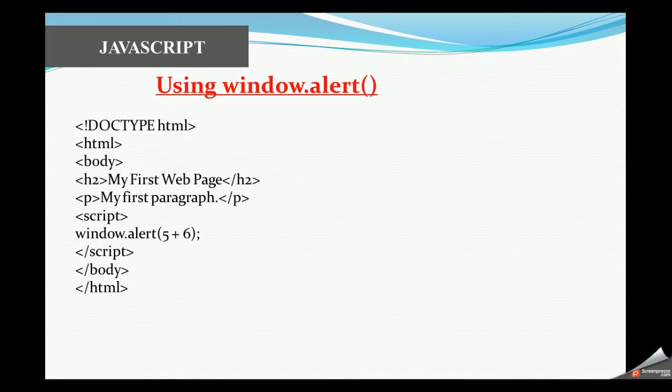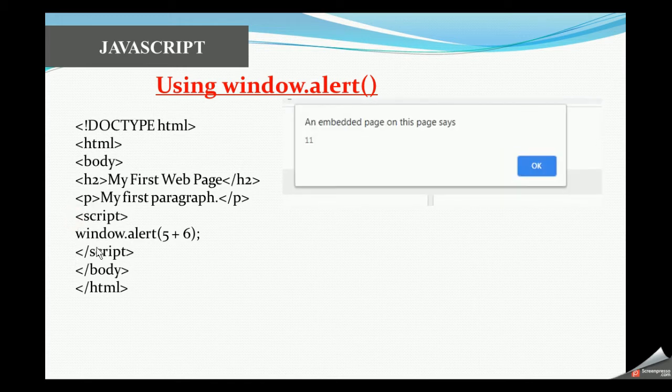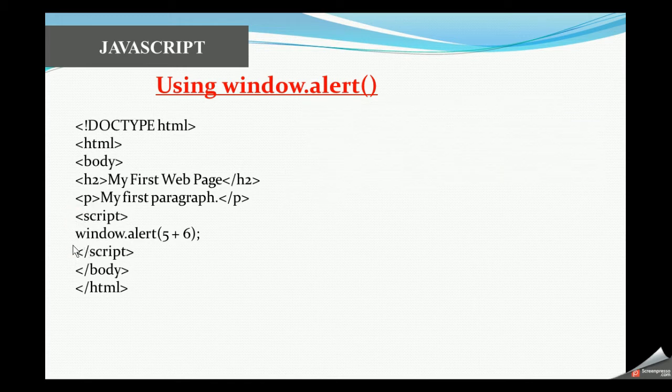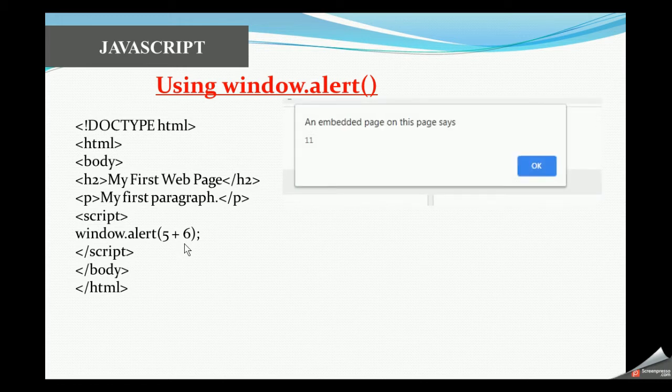In this example we are using HTML, then the document body. In the body you have written a heading and a paragraph. In that same way you have written your JavaScript code, and you are writing window.alert(5 + 6). That means whenever you run this program, you will see a pop-up box like this, which says an embedded page on this page says 11, since you have added 5 plus 6.